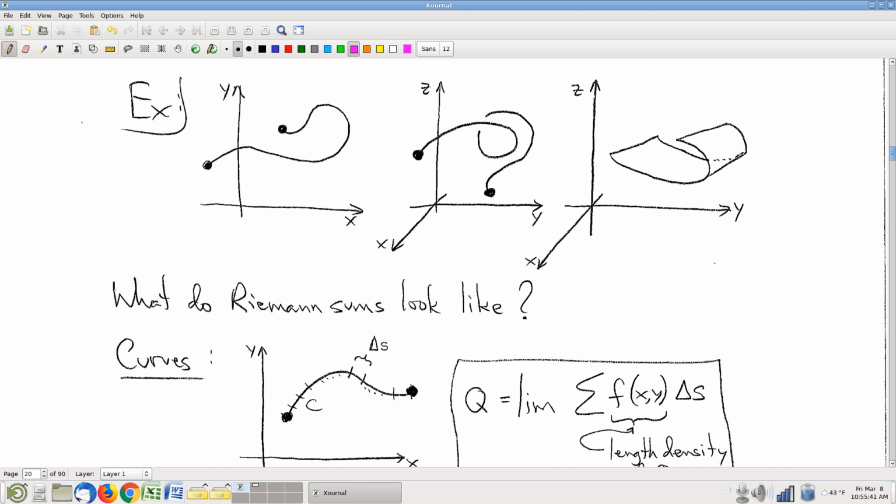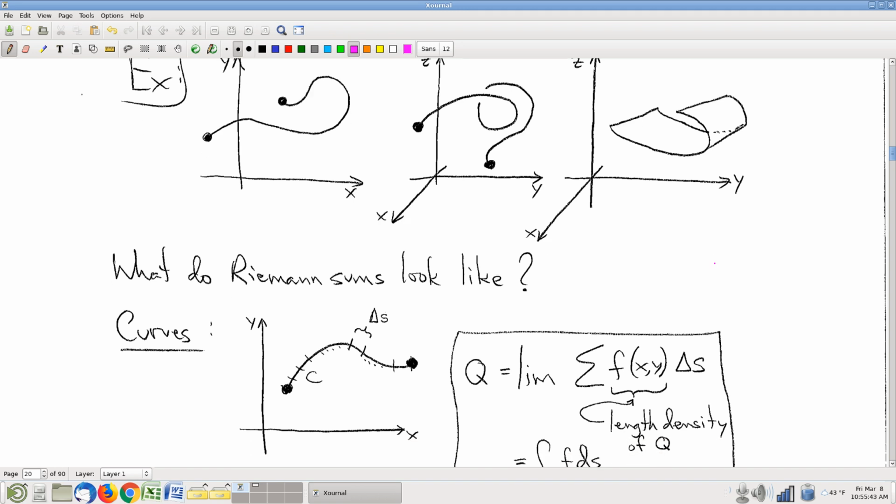When we address a Riemann sum, if I want to compute the mass of this thing, I'm going to do a chop it up, add it up approach, but with very different details. On each little piece, so here's my curve, I'm going to chop it up into little pieces.